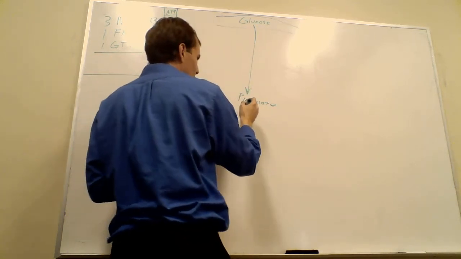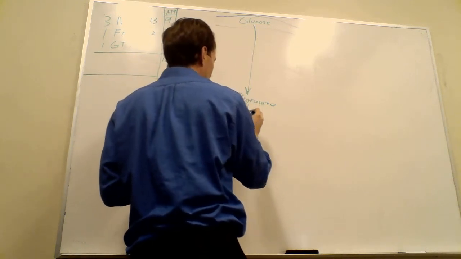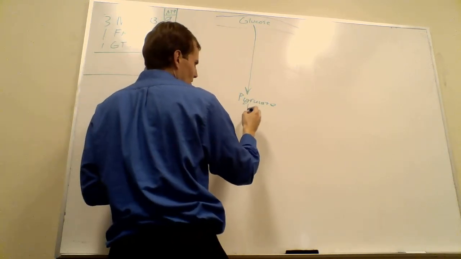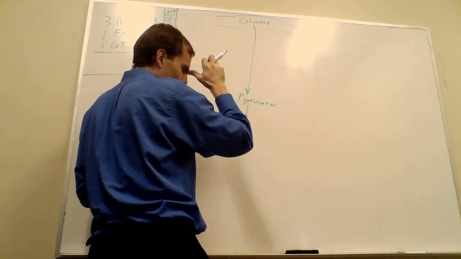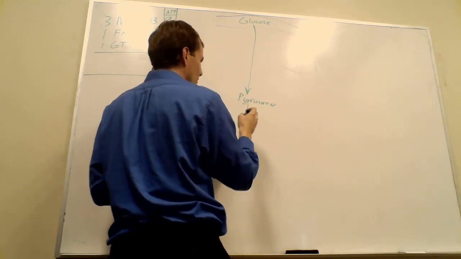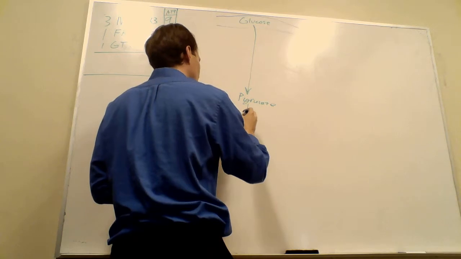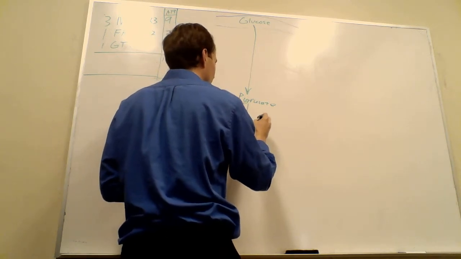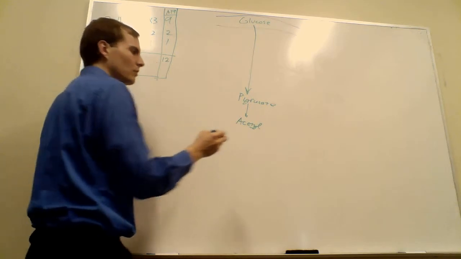And then pyruvate is where we're going to have the pyruvate dehydrogenase or decarboxylase. I always forget which because it's doing both, but it's a complex, and that makes us acetyl-CoA.